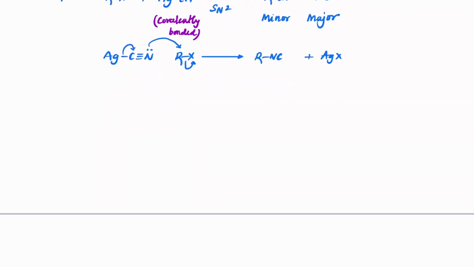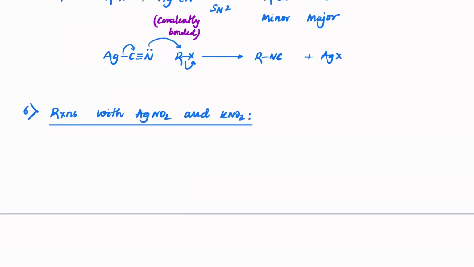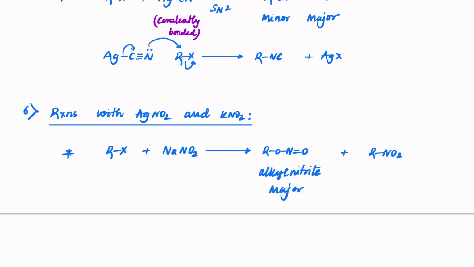And that is the same type of reaction you will notice in the next case, where you are reacting with AgNO2 and KNO2. So see, if you have RX plus NaNO2, you will get R-O-N double bond O, which is alkyl nitrite, and this will be major, and this will be minor, which is nitroalkane.